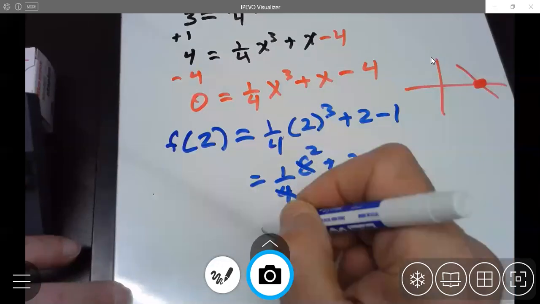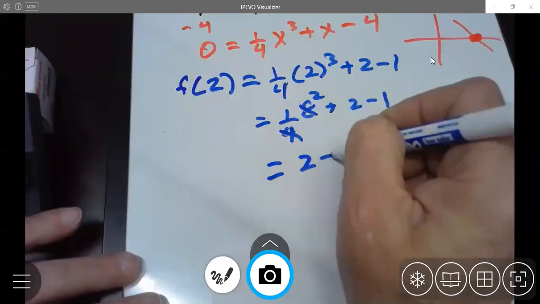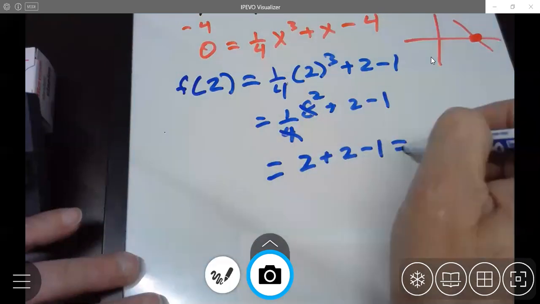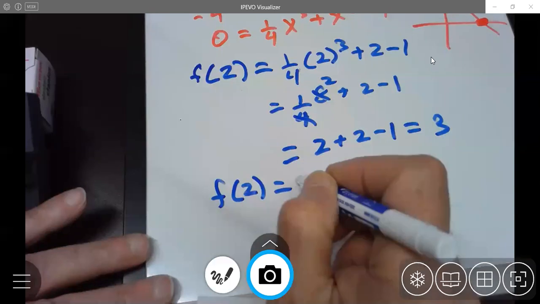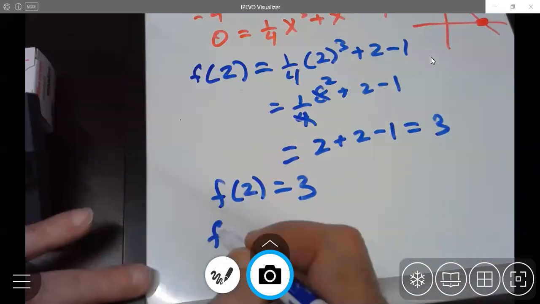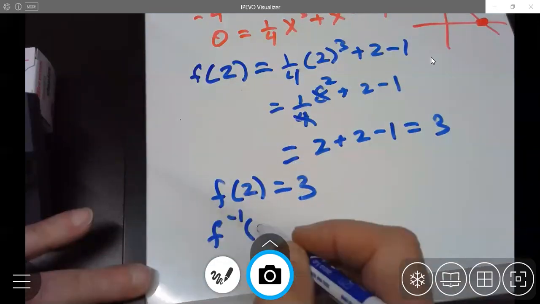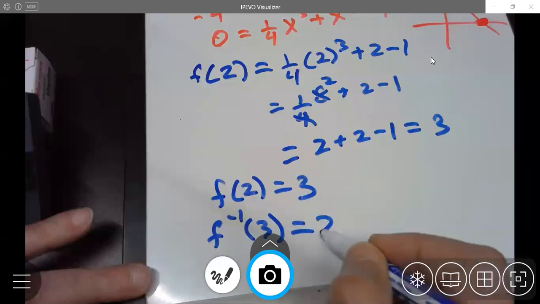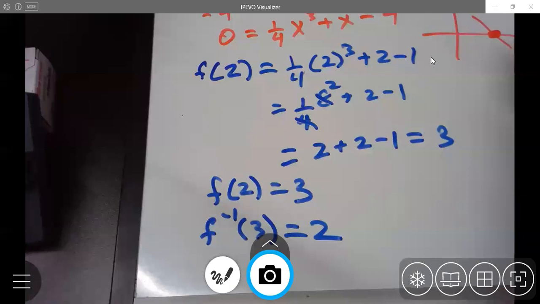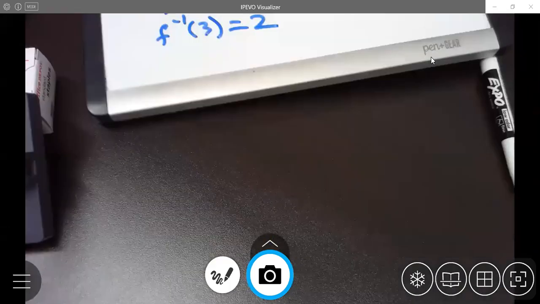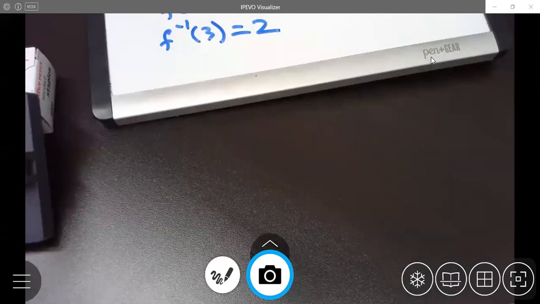So this is 2 plus 2 minus 1. We get 3. So we're saying f of 2 equals 3, and so that means the inverse of that, f inverse of 3 equals 2. Okay, so from here we know that, let me get my other board.